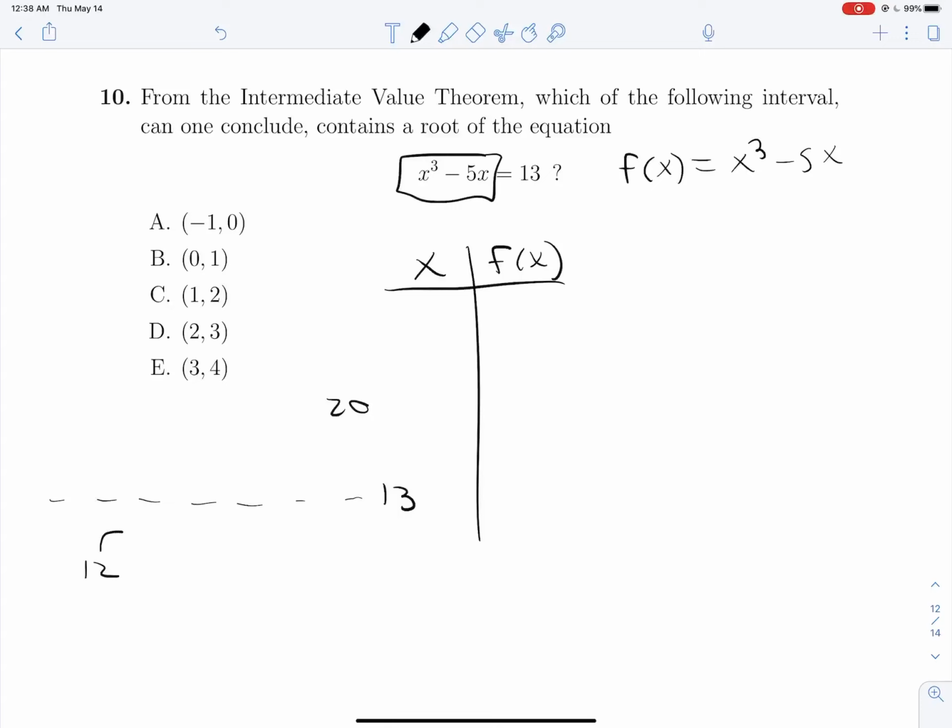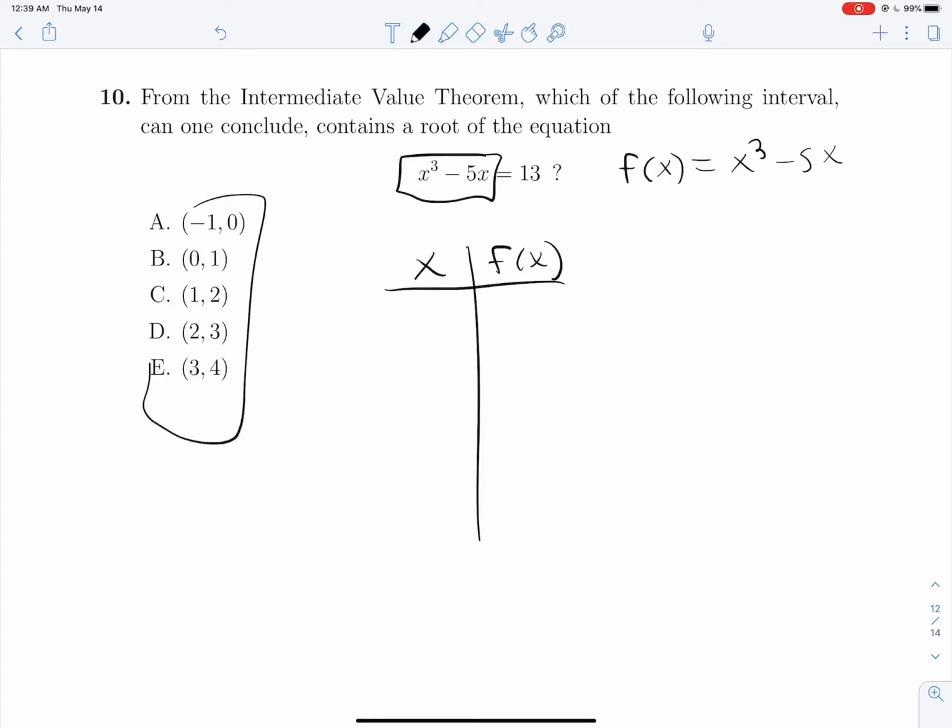It must have passed through 13 at some point to get up to 20. There's no way. You can't go around the thing. It extends. You know what I mean. There's no way to get all the way up to 20 unless at some point within that interval you passed through 13. So we'll use that to our advantage.